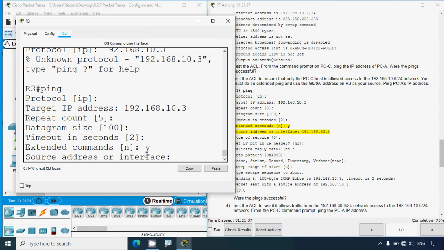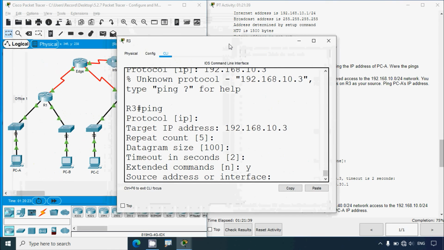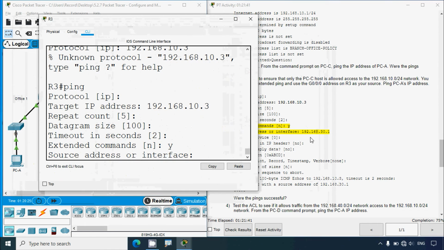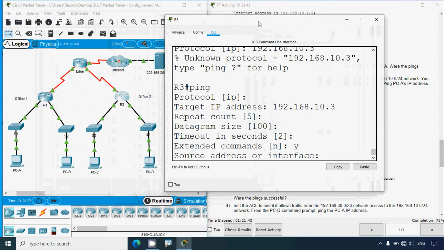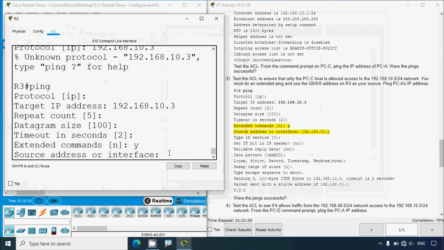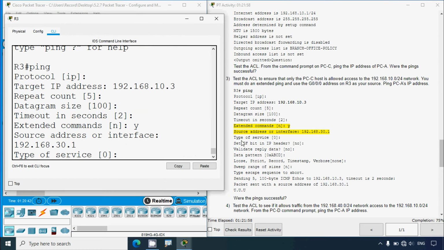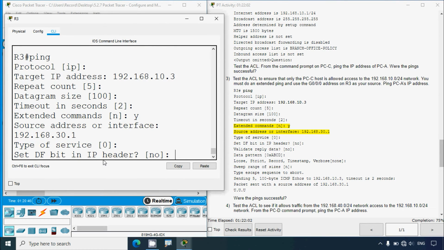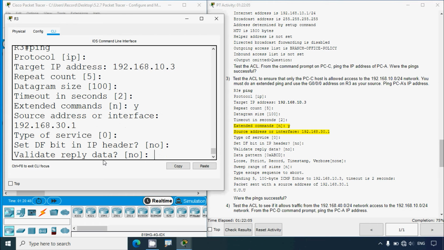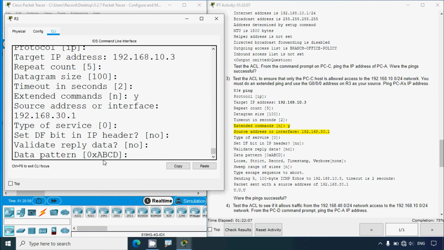Then source address or interface. So here we are going to give the IP address 192.168.30.1. That means the IP address of this interface G0/0/0. We will give 192.168.30.1. Then press enter. And type of service 0. Okay, press enter here again. No. Press enter again.